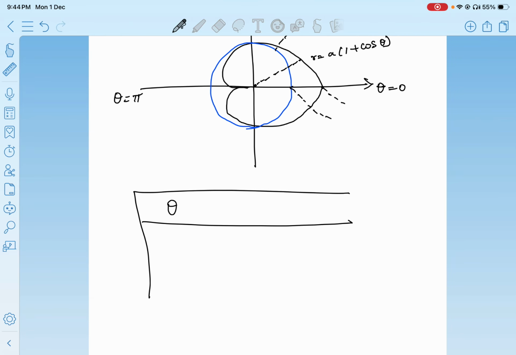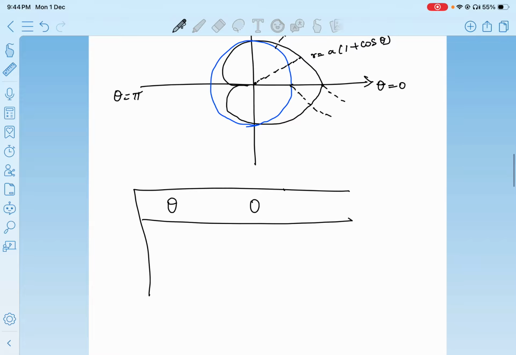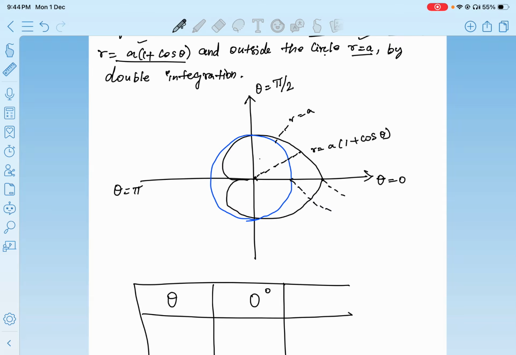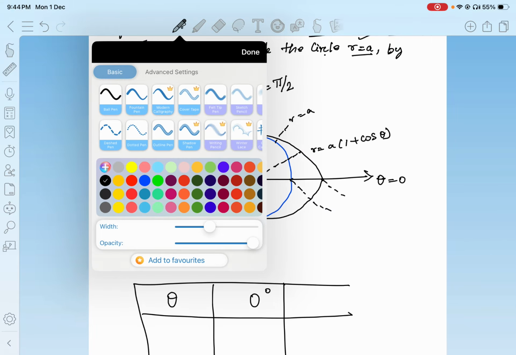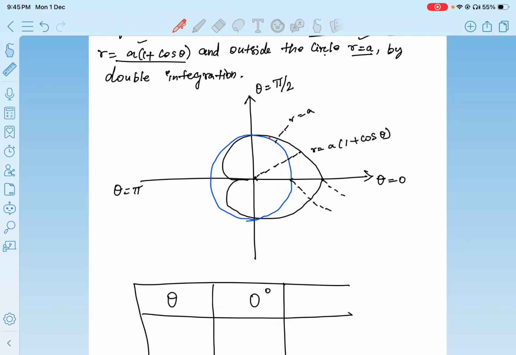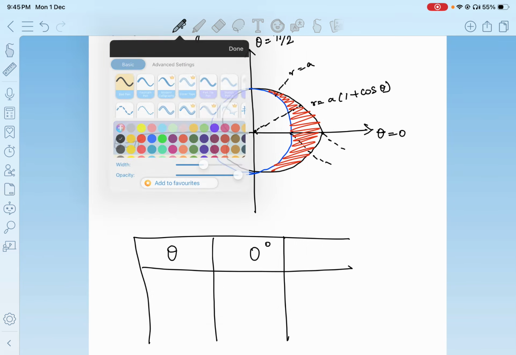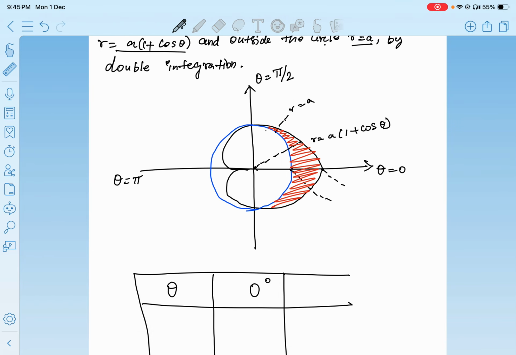We have the thetas from 0 to pi for the figure, but we are going to find only this region, which means outside the circle and inside the cardioid.